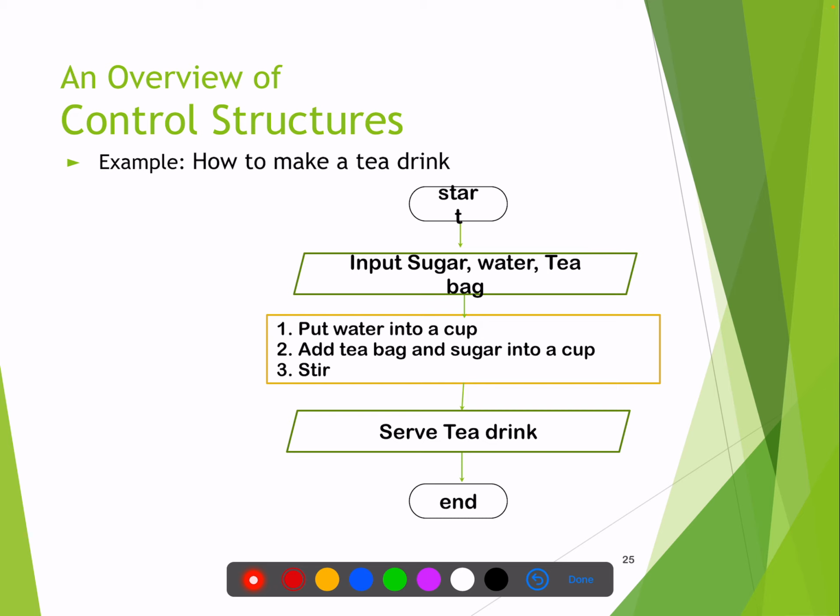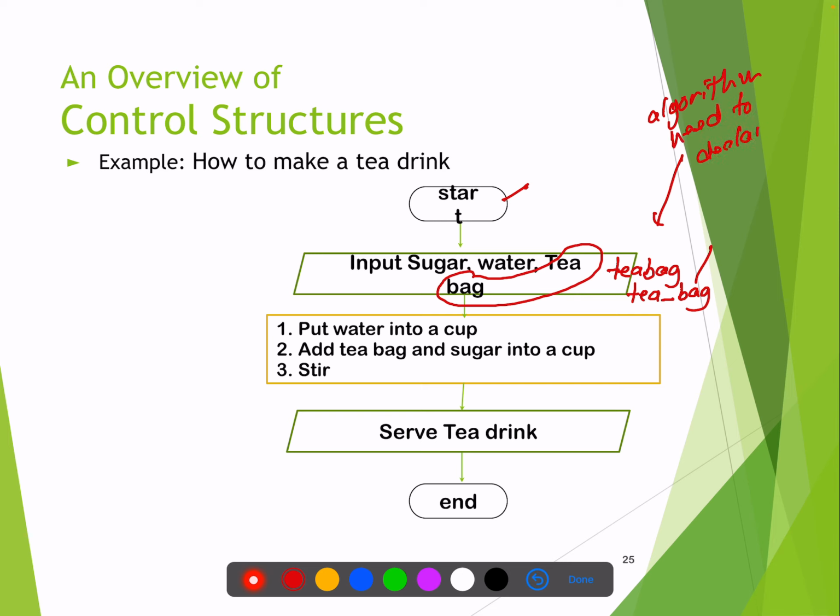Look at this flowchart: starting, and then go to input sugar, water, tea bag. Make sure your spelling of tea bag is one word, because in an algorithm you need to declare the correct variable.